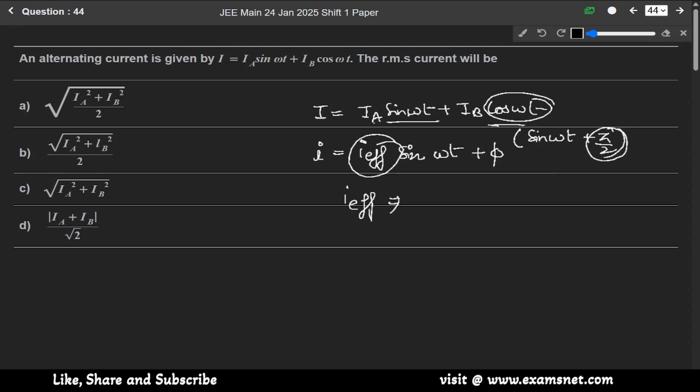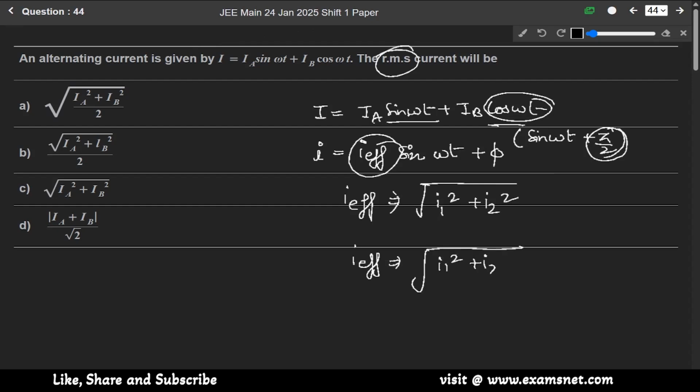So for this we can write I effective is equals to under root of I1 square, means I_A square, plus I2 square, means I_B square, and we have to find the RMS value. RMS means dividing by root 2. So I effective will be equals to under root of I1 square plus I2 square over root 2. Root 2 means 2. So the correct answer is option A.